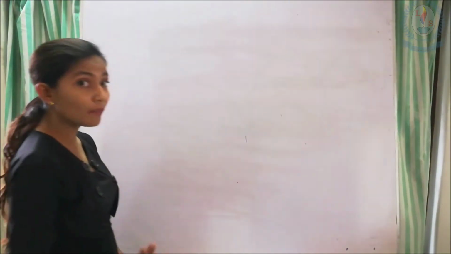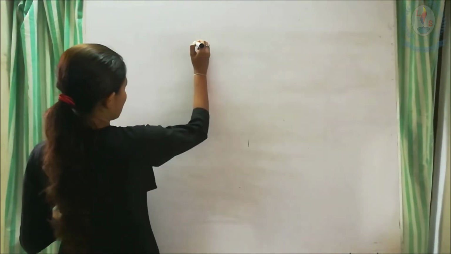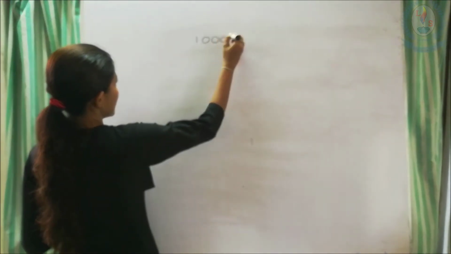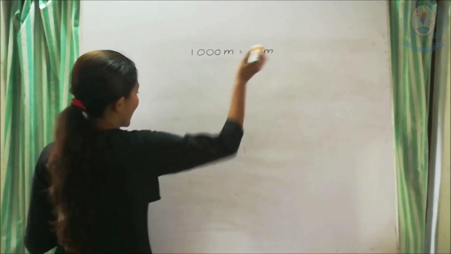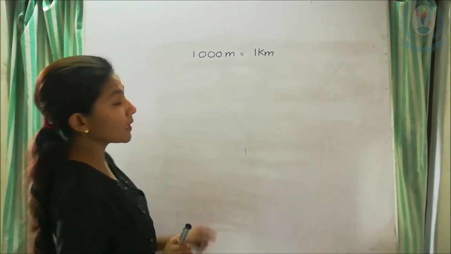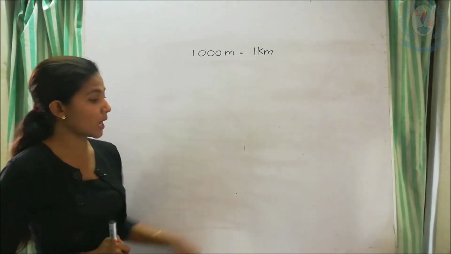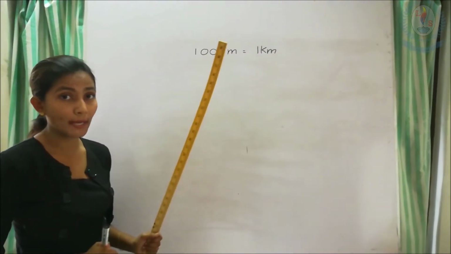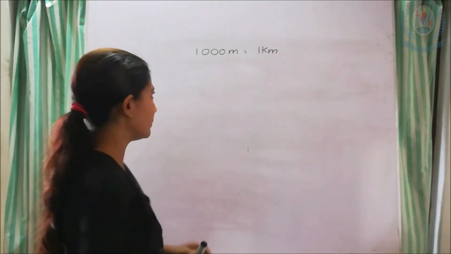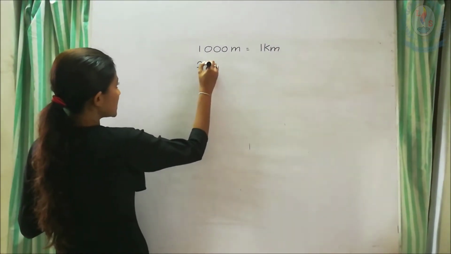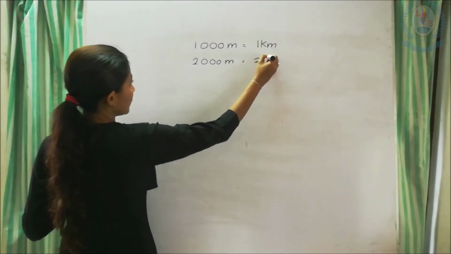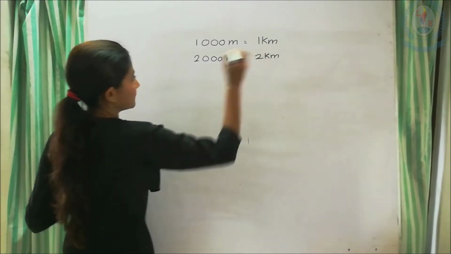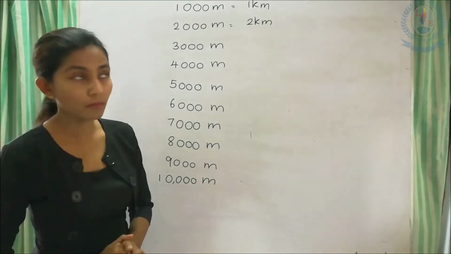Okay, if we learn this in the other way, that means 1000 meters equals 1 kilometer. As I told, the meter stick we are keeping 1000 times to get 1 kilometer. Then 2000 meters equals 2 kilometers. Right.